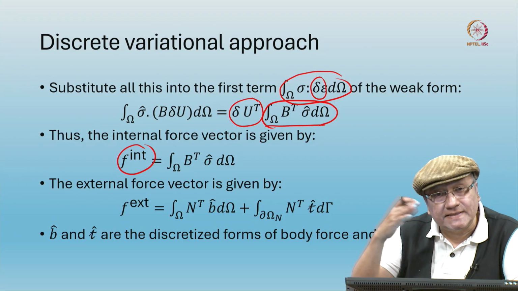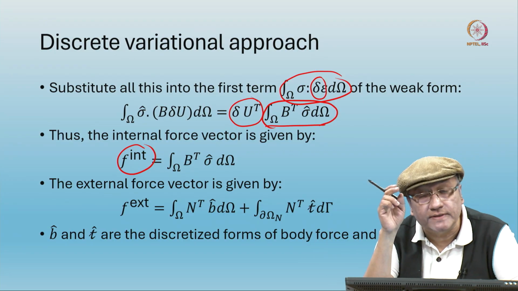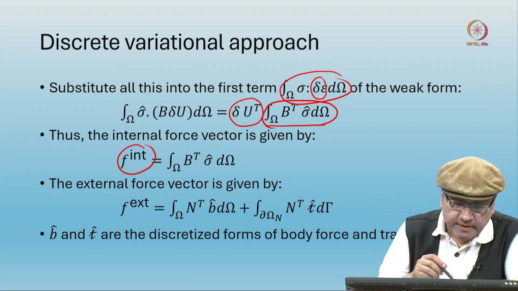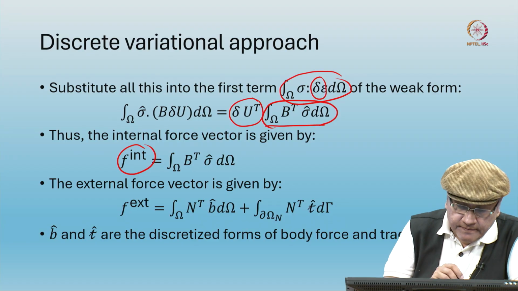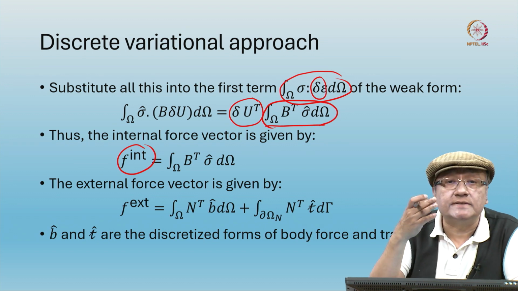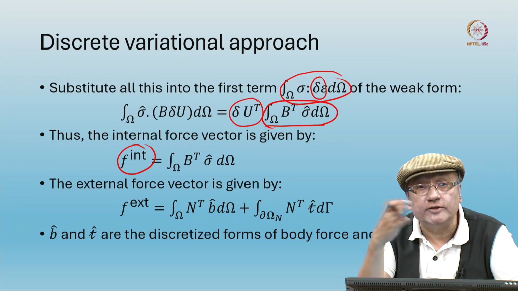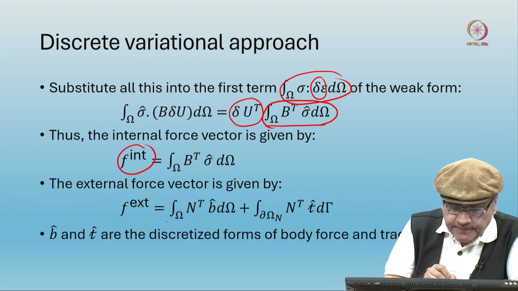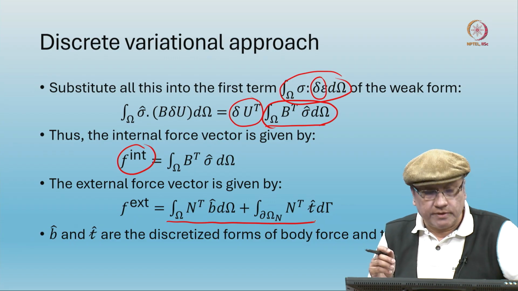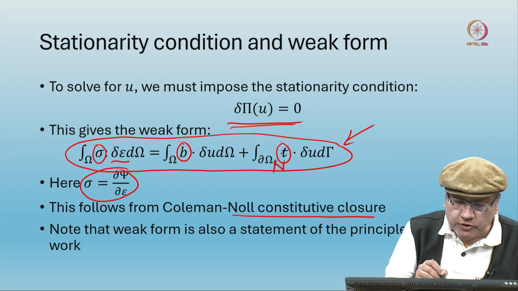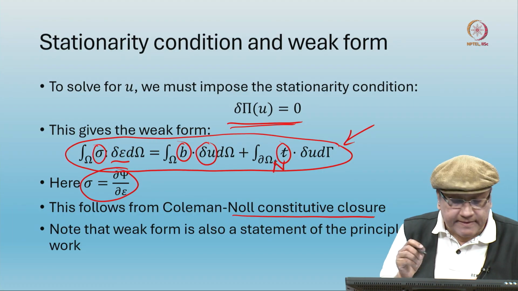Similarly, I can do the same exercise for the other terms, which are essentially the external forcing based work. Virtually we have to do that. That means we get correspondingly the F external. Even though we are virtually changing U to delta U, if you take a look at the expressions, delta U comes here in exactly the same manner.